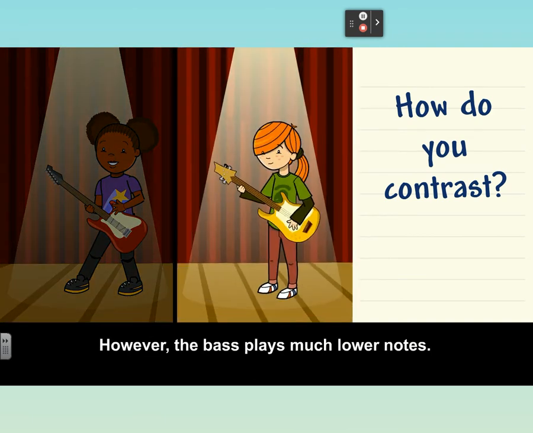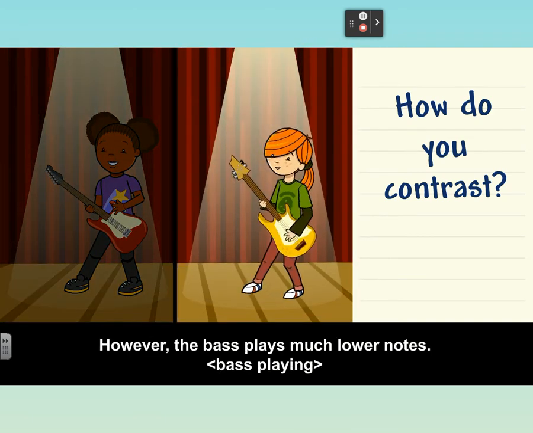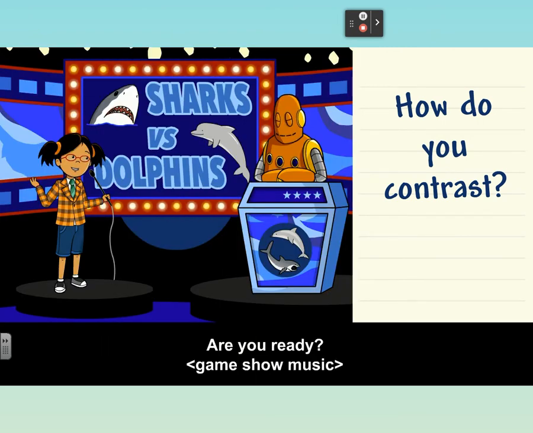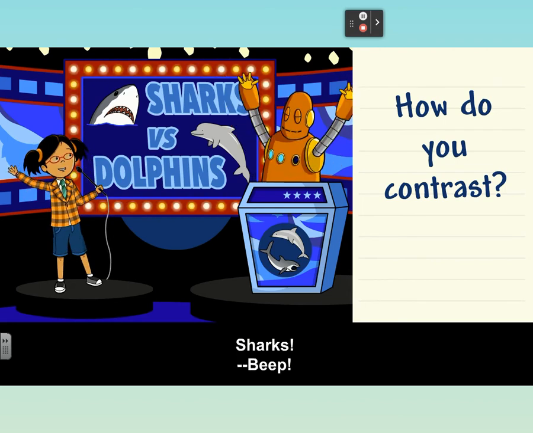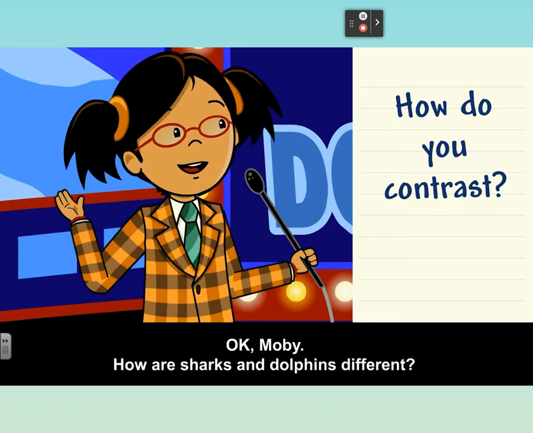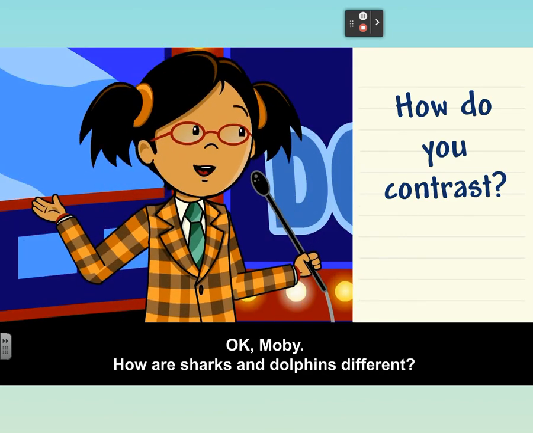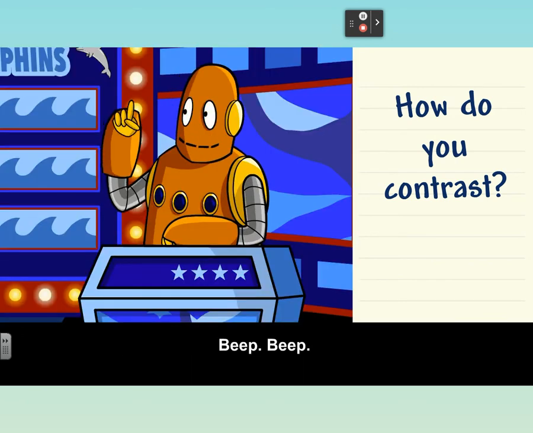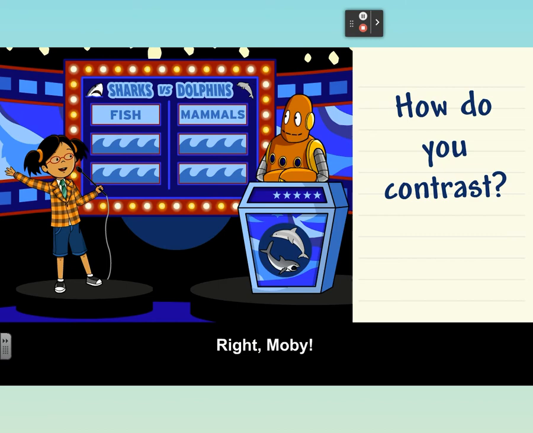However, the bass plays much lower notes. Are you ready? Let's play Sharks versus Dolphins. Okay, Moby, how are sharks and dolphins different? Right, Moby.